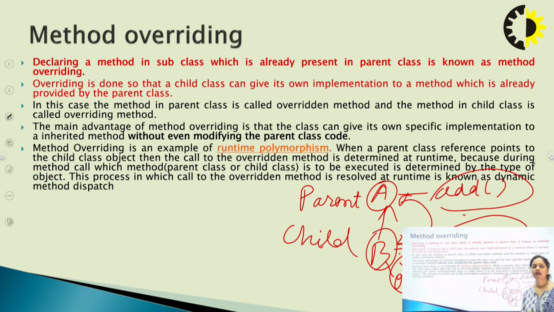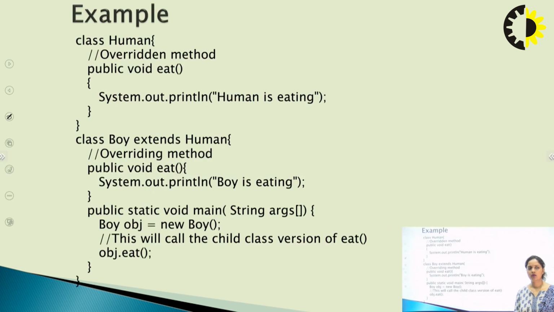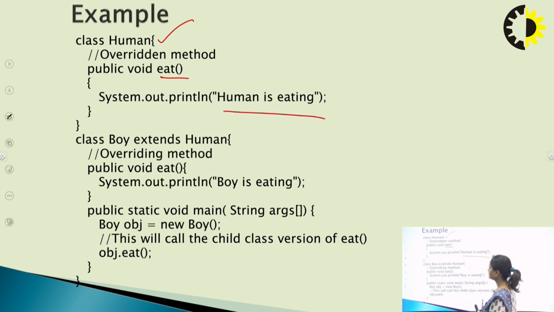Let us see this concept with the help of a programming example. Here we have a class named Human, having one method named eat. It has its body and prints "human is eating". Then we have a child class of Human named Boy, which extends the Human class.